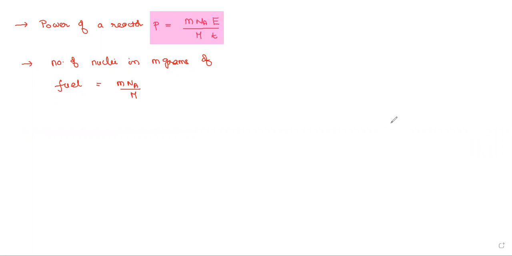Why? Because when we come to numericals, sometimes they only say how many nuclei are undergoing fission per second, meaning divided by t.